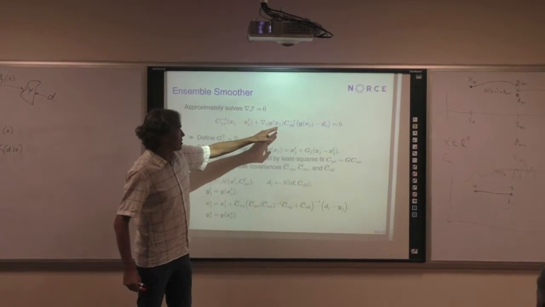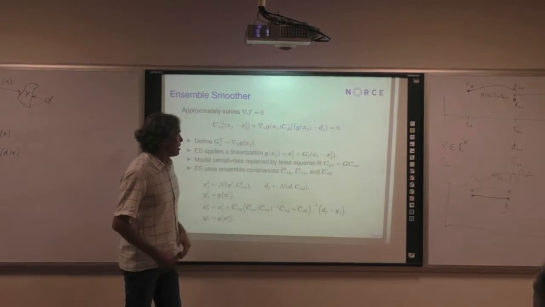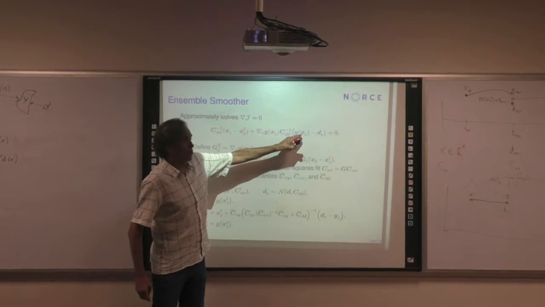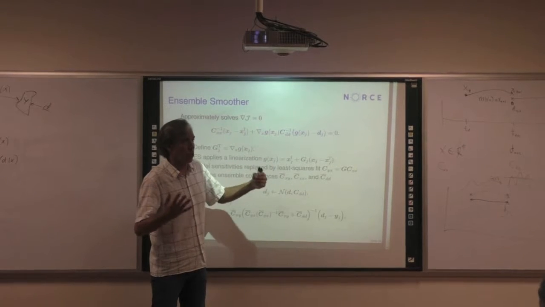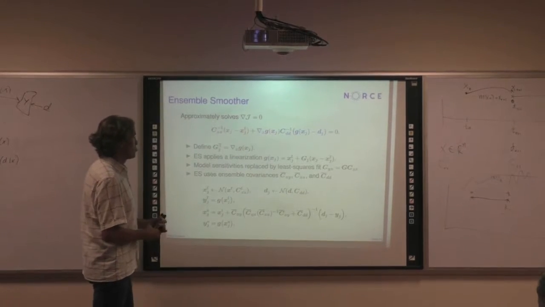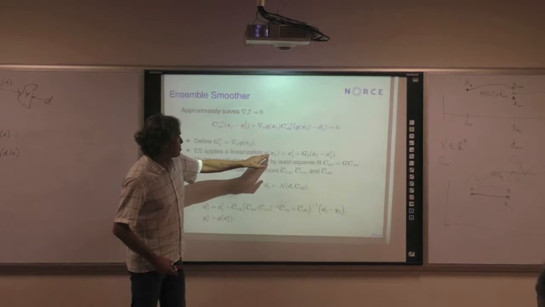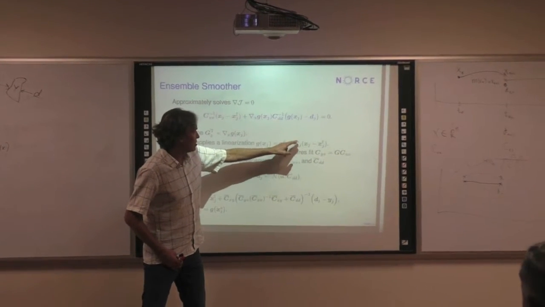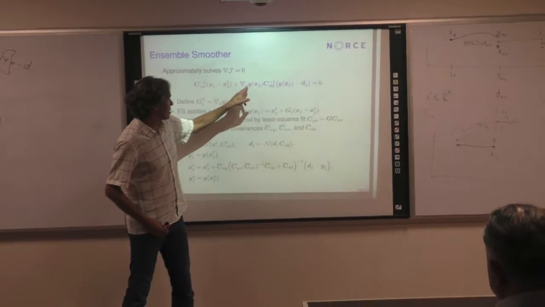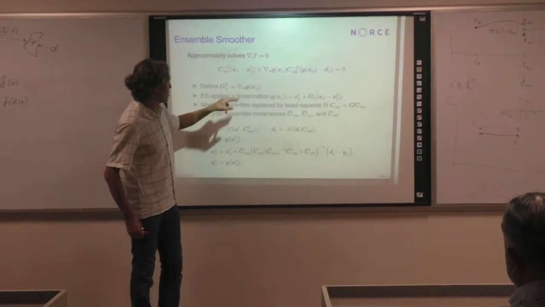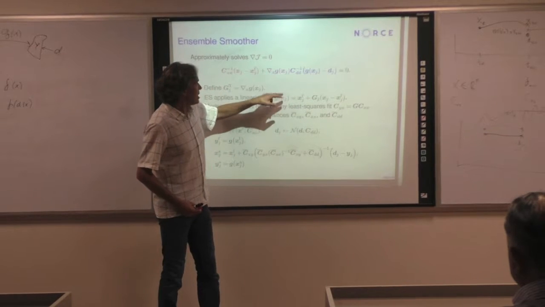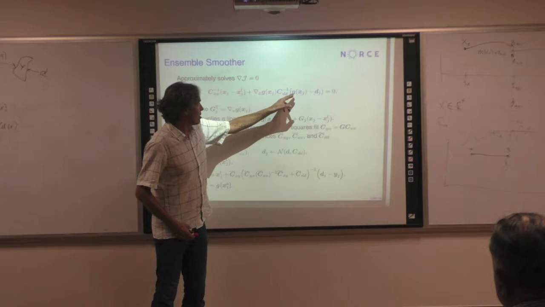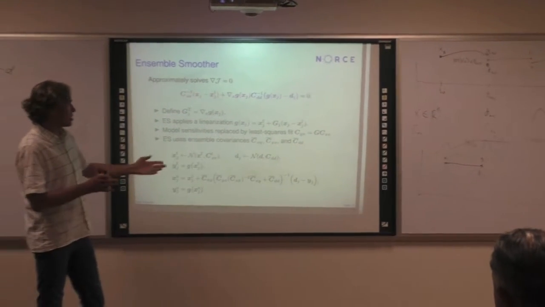The problem is that you cannot solve this for x because you have g as a nonlinear function of x here. So you have to do something more. What you do is express g of x using a Taylor expansion like this, and this capital G is again the same as the tangent linear model defined here. So by linearizing this term, you put this in here, then you can actually solve the equations for x.